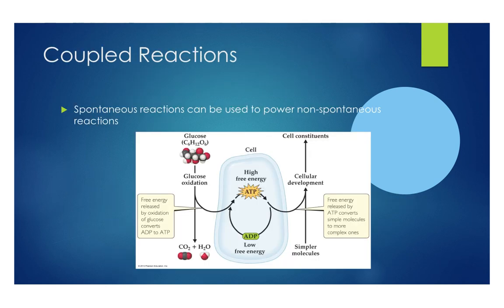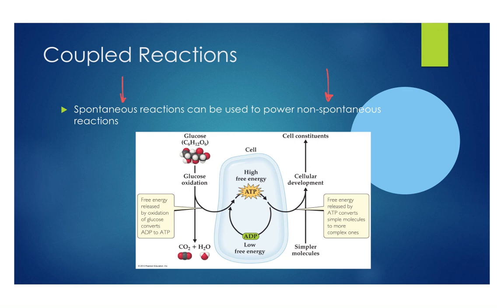All right. The last thing we have to talk about here is that some reactions in nature are not thermodynamically favored, but we still see them happen. The way that they happen is they get coupled with a spontaneous reaction.